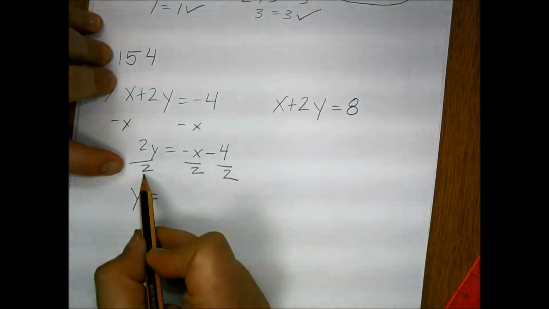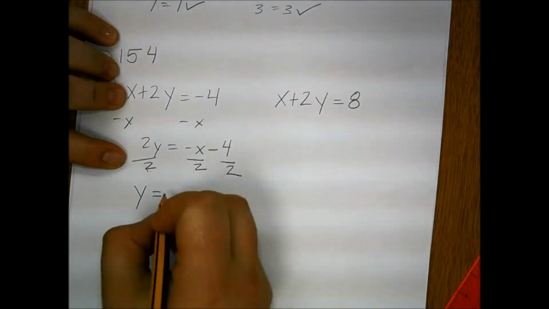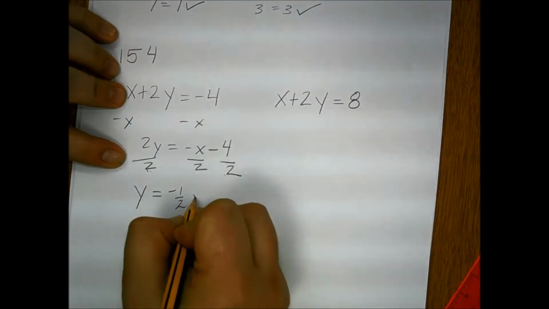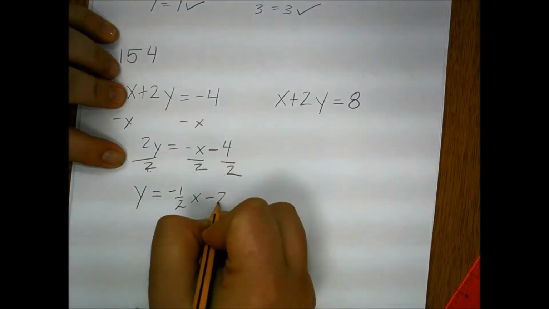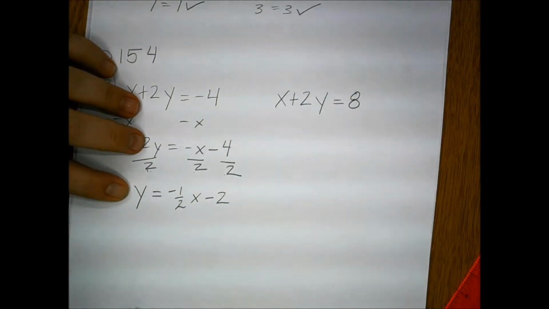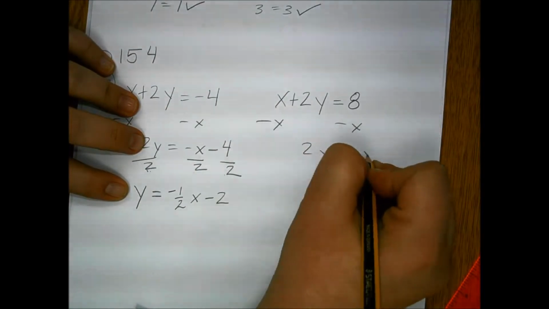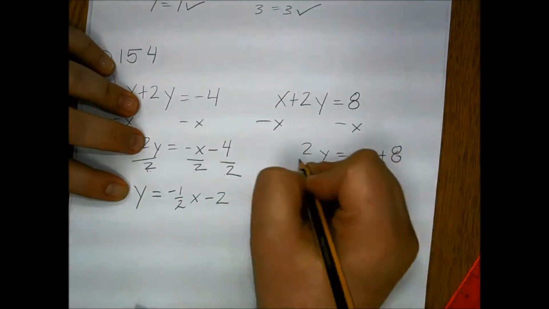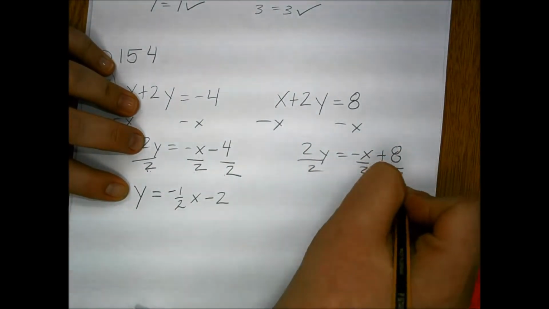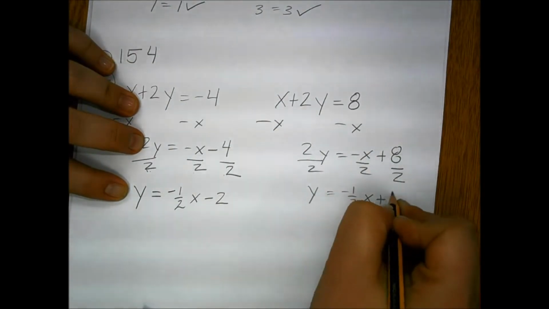I want you to show this step of dividing everything by 2. That's the only way you're going to make sure that you get everything correct when you put it into slope-intercept form. Divide everything by 2. y equals negative 1/2 x minus 2.